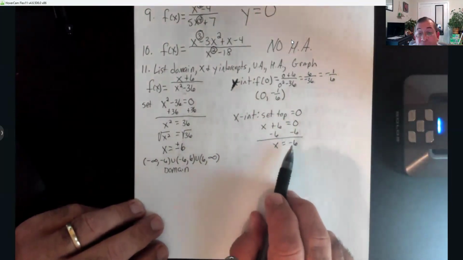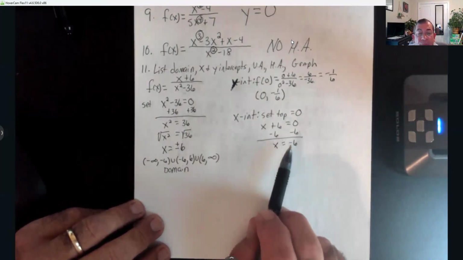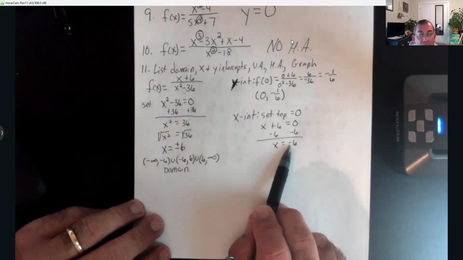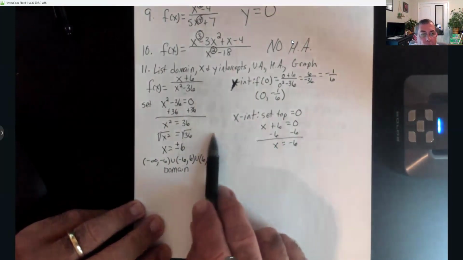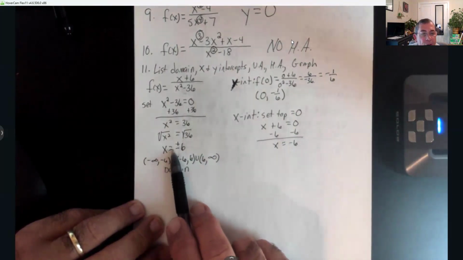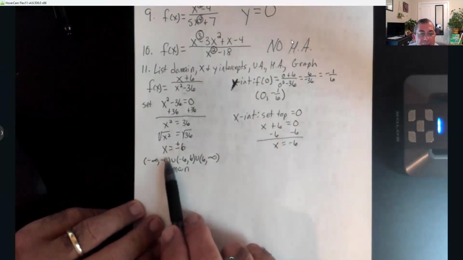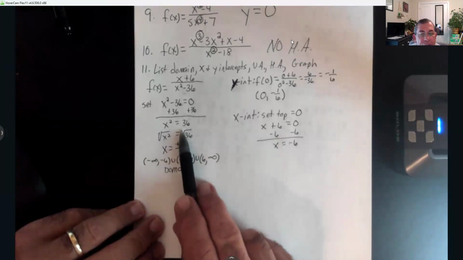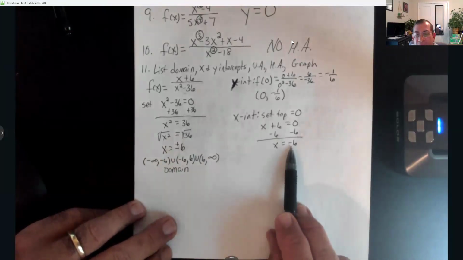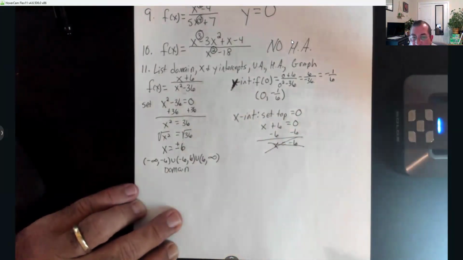But y'all, here's the question of the day. Can I have an x-intercept at this value when x is -6? Because look over here what's happening. We said there's a vertical asymptote at -6. Down here in the domain, we said -6 could not be a value that you put into this function. So since this x equals -6, we got to throw that answer out, okay?